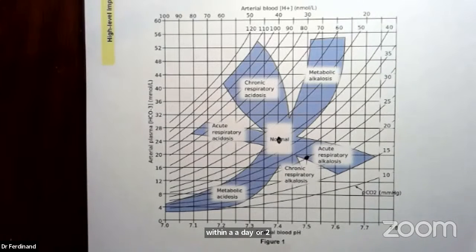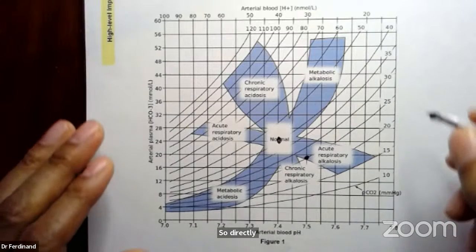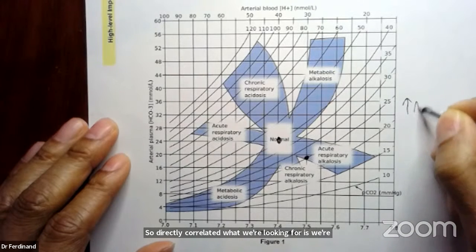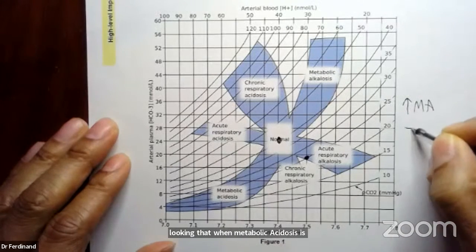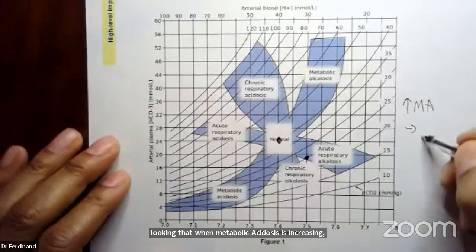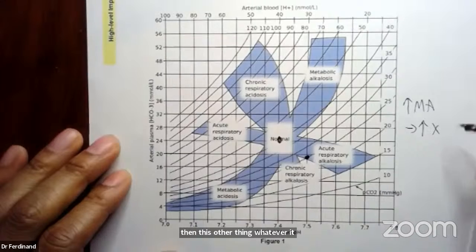Okay, and then question number 10, based on figure 1, which of the following is directly correlated with an increase in severity of metabolic acidosis? So directly correlated, what we're looking for is that when metabolic acidosis is increasing, then this other thing is also increasing.